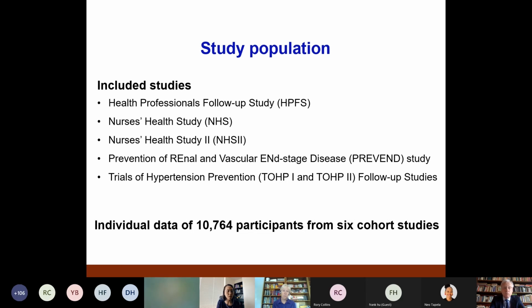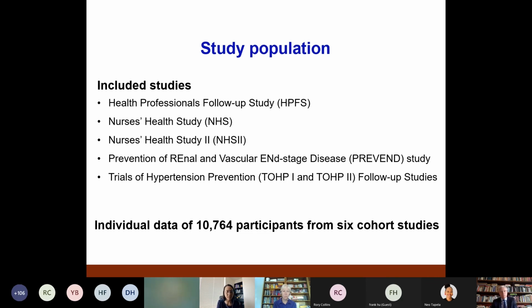And these studies include the Health Professionals Follow-up Study, the Nurses' Health Study, the Nurses' Health Study 2, which, as most of you know, are long-standing ongoing prospective cohort studies among health professionals and the registered nurses in the United States. And also the Prevention of Renal and Vascular End-stage Disease study, the PREVEND study, which is the prospective population-based cohort of nearly 9,000 adults in the Netherlands.